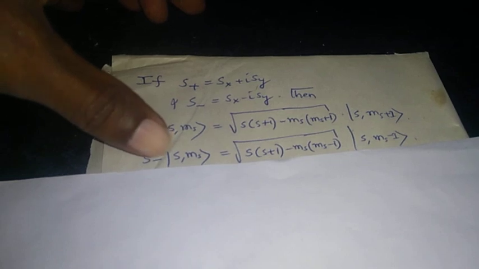And when S minus operates on the same ket, ms is lowered by 1.